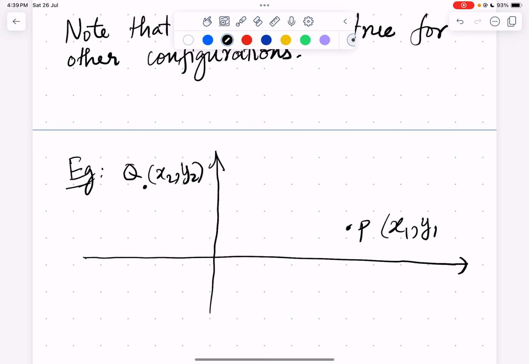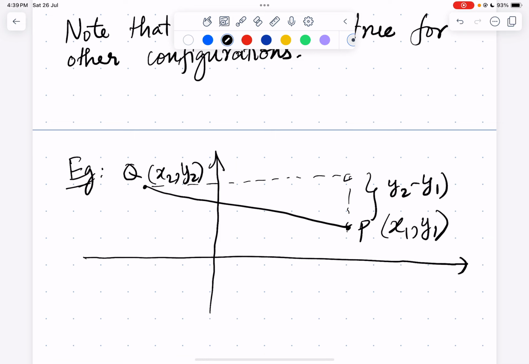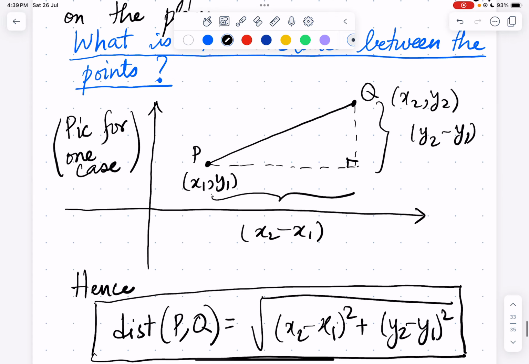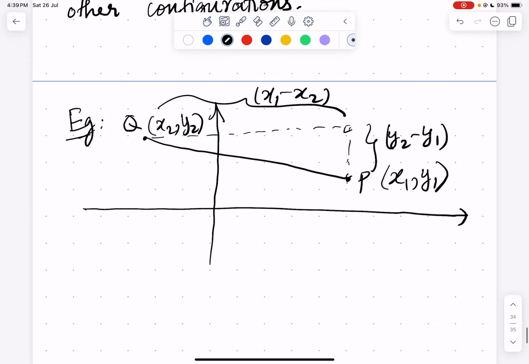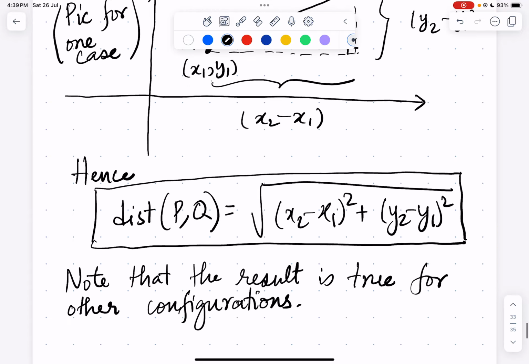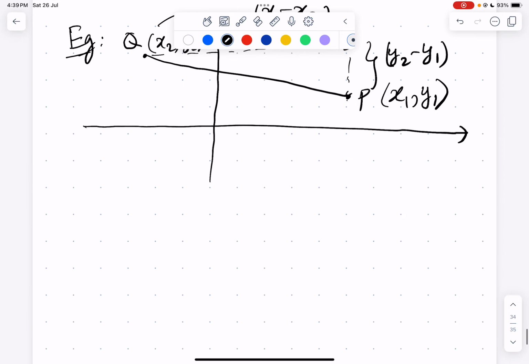We can see that the same formula holds, just that you can construct a right angle triangle like this, and this height is y2 minus y1 again, but this side will now be x1 minus x2. In the above picture it was x2 minus x1, but here it will be x1 minus x2. But again you are squaring, and in the formula it doesn't make a difference.